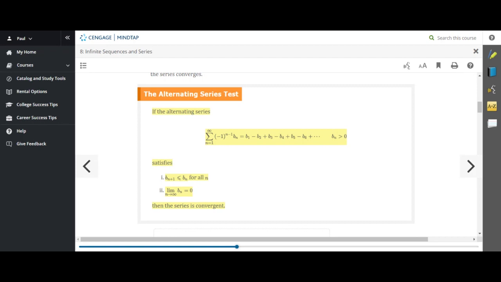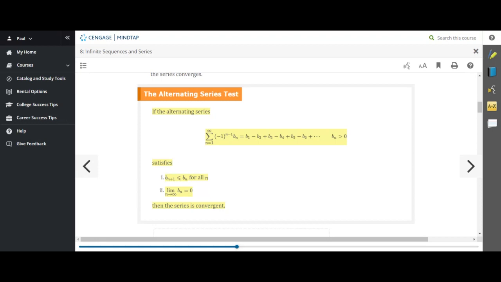So remember, the harmonic series, for instance, satisfies these two conditions, conditions 1 and 2, because the terms of that series are decreasing, and the terms of the series are approaching 0, but all the terms are positive in a harmonic series.